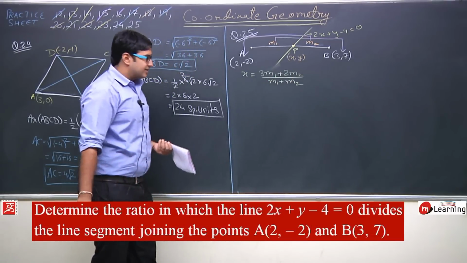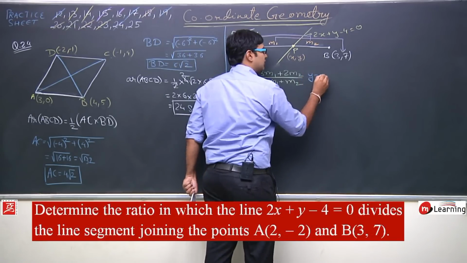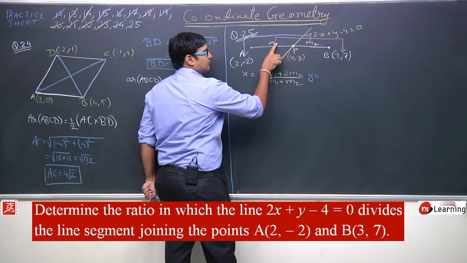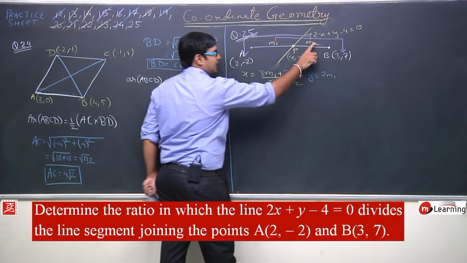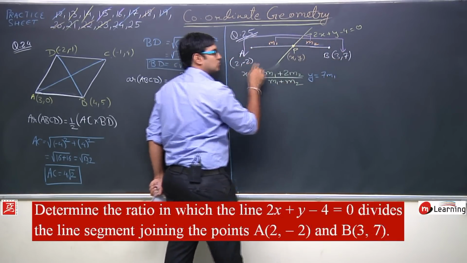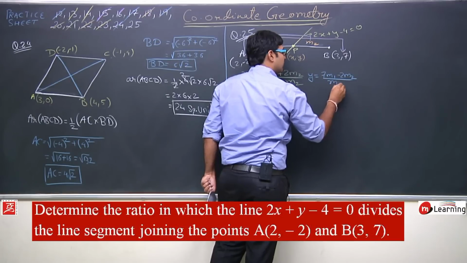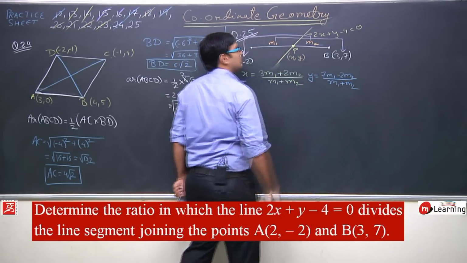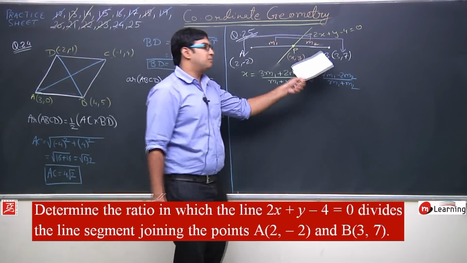Similarly, what about the y coordinate? It will be m1 into 7, that is 7m1, and m2 into minus 2, so minus 2m2 upon m1 plus m2. OK? So these are the coordinates of point P.